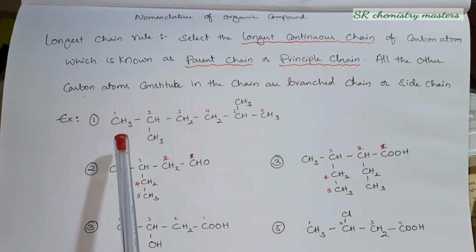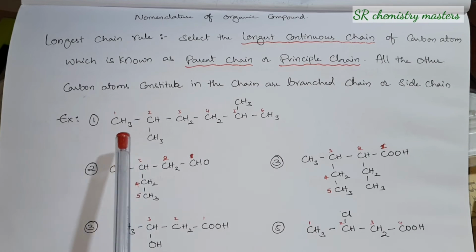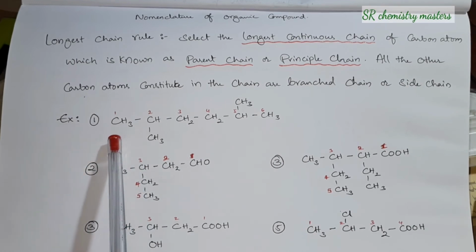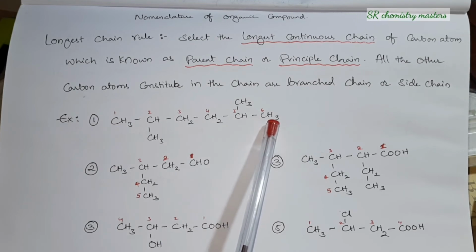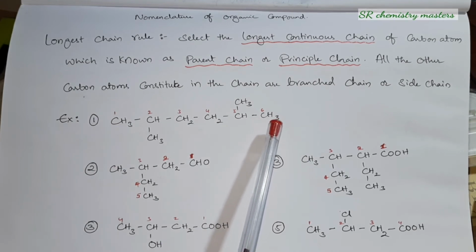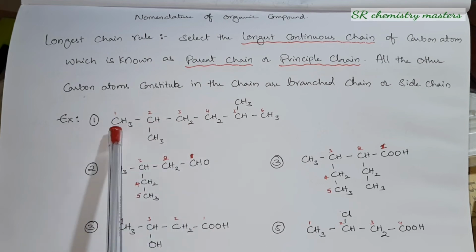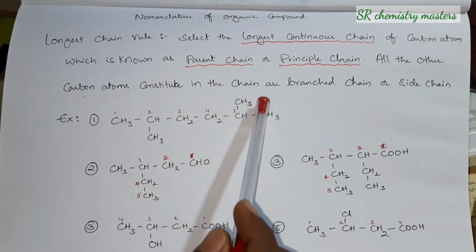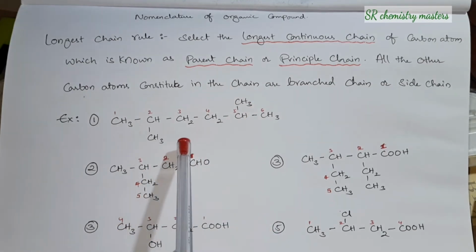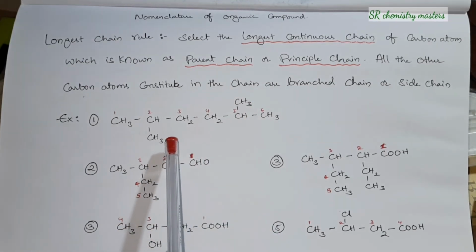If you number it from the right side or left side, starting from here 1, 2, 3, 4, 5, 6, you can also number from here 1, 2, 3, 4, 5, 6. This is considered the parent chain, whereas these two are considered branch chains or side chains.